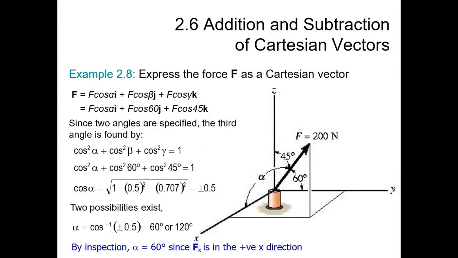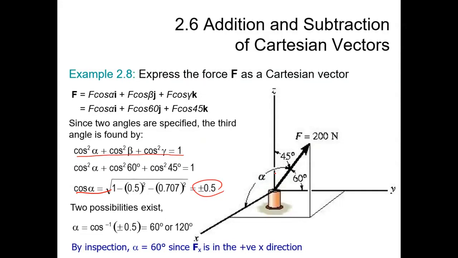as a Cartesian vector. Well, this is not very difficult because you've been provided beta and gamma, and alpha is not given. So first thing first, you have to find alpha. How do I find alpha? I start from that identity, rewrite that, and work out alpha. So now I have alpha plus minus.